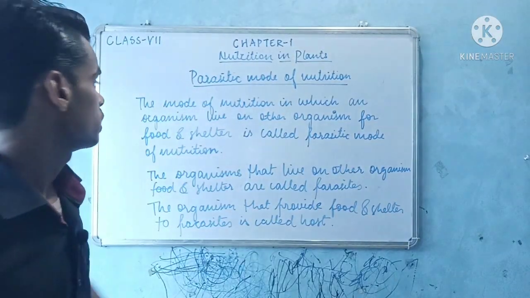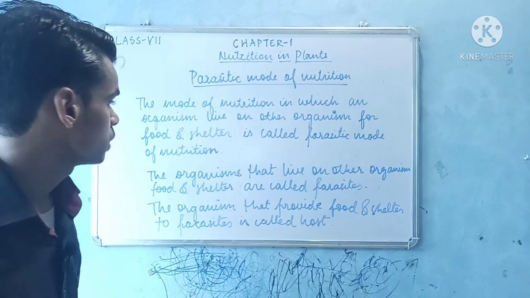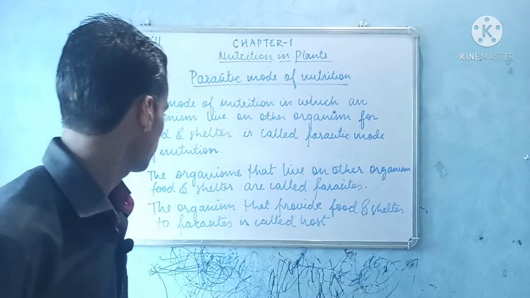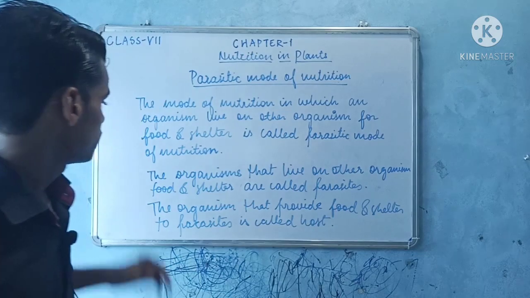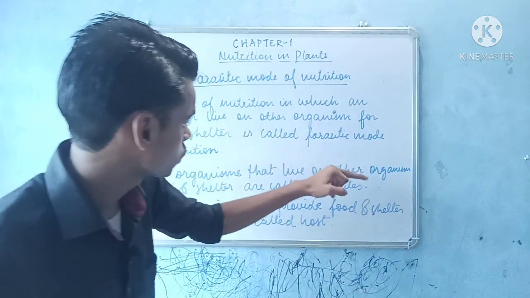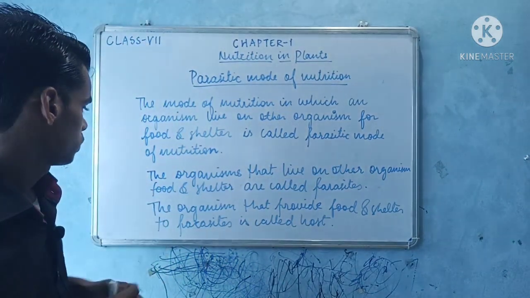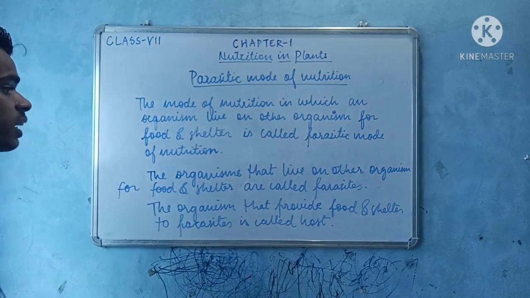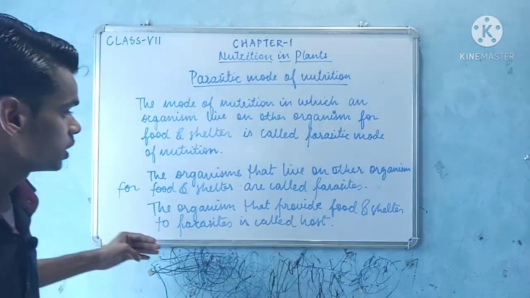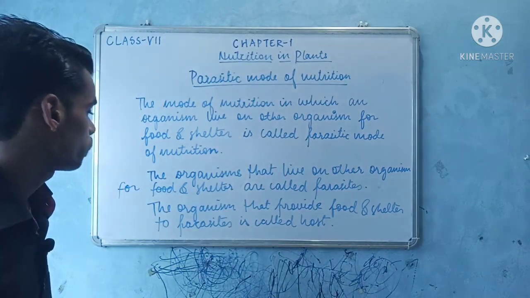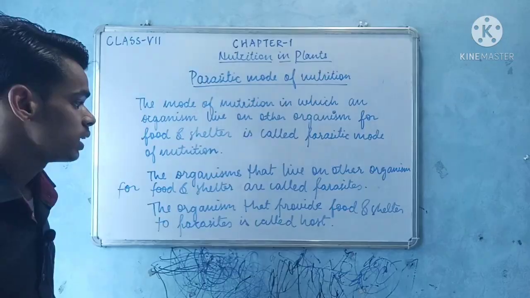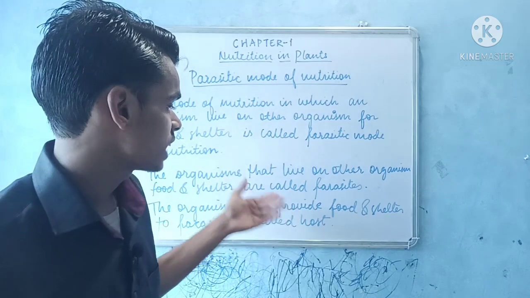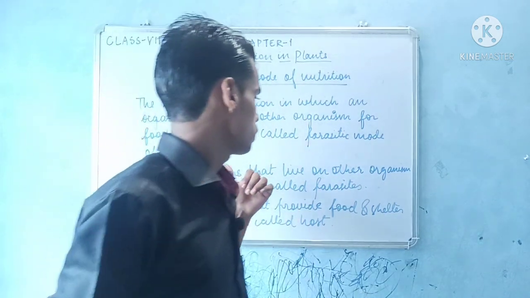The organisms that live on other organisms for food and shelter are called parasites. The organism that provides food and shelter to parasites is called the host. Let's understand parasites and host through an example.